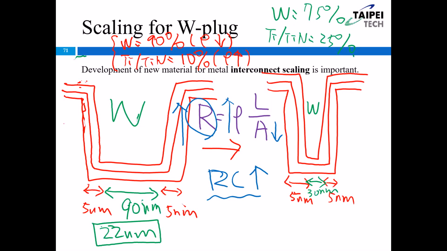So that's the reason. How can we solve this issue? Of course, you cannot reduce the R. Very difficult. So why do we need to use the low-K material? Because you want to reduce the capacitance. So I just want to show you the trend for the resistance of the interconnect.